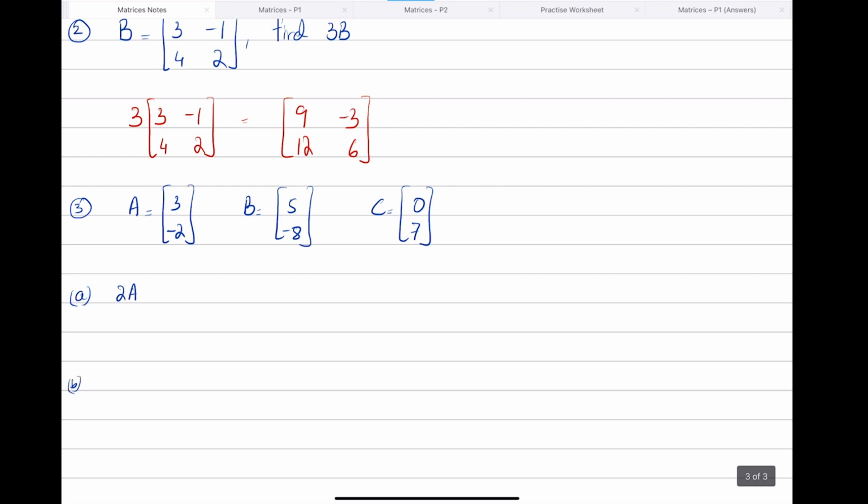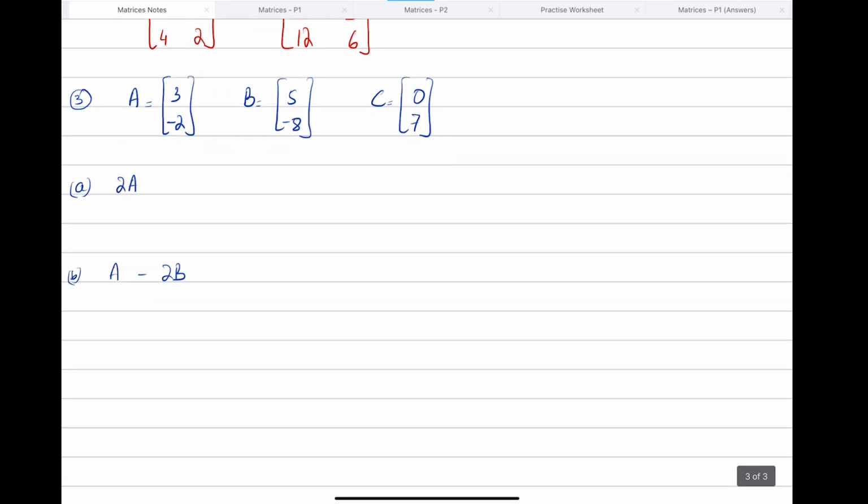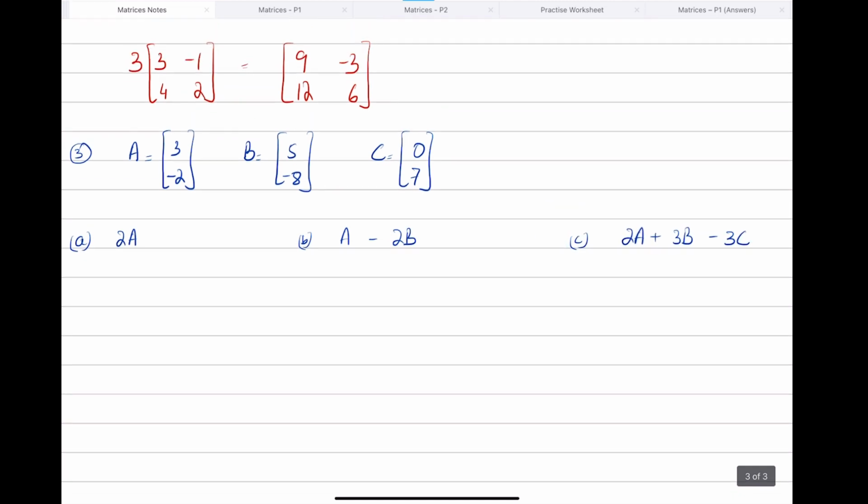There's part b where you have to find out a minus 2b. So we'll figure that out. And then there's part c where you have to do 2a plus 3b minus 3c. So this is how the question can get more and more lengthy, not complicated, because the concept is the same, but the question can be lengthier than usual.